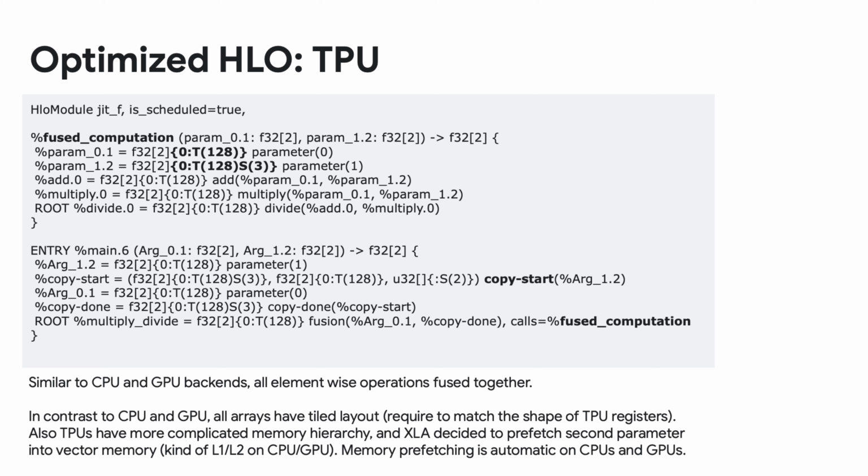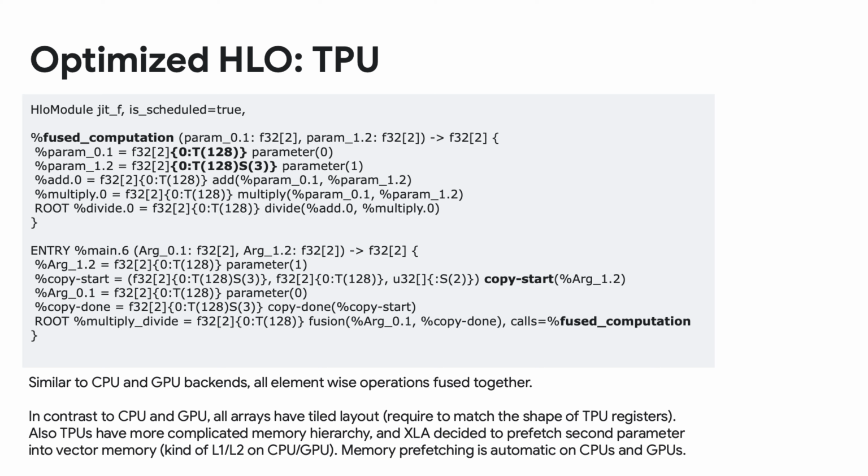We also have IFRT, another runtime API, which allows high-level frameworks to target multiple devices through a single API. It's for distributed execution. And the XLA runtime is the lowest part of the stack. So you have PJRT and IFRT at the highest part of the stack, compiler passes in the middle, and then the XLA runtime at the bottom.